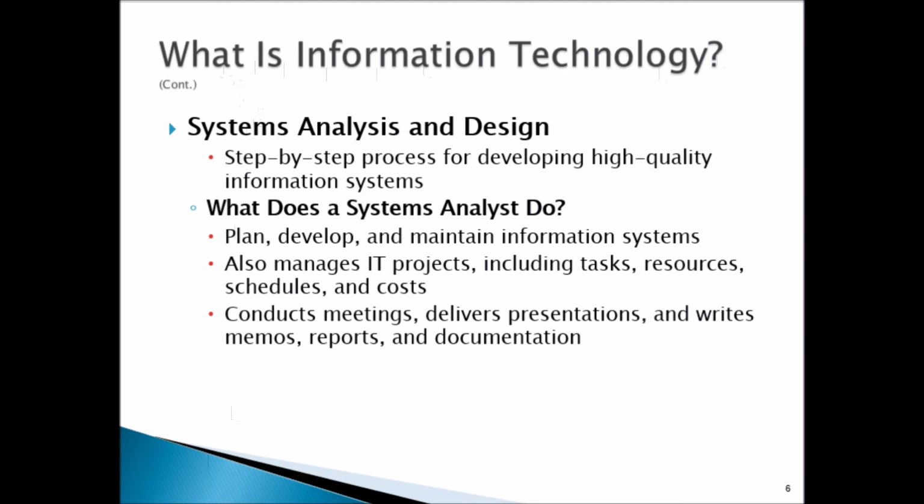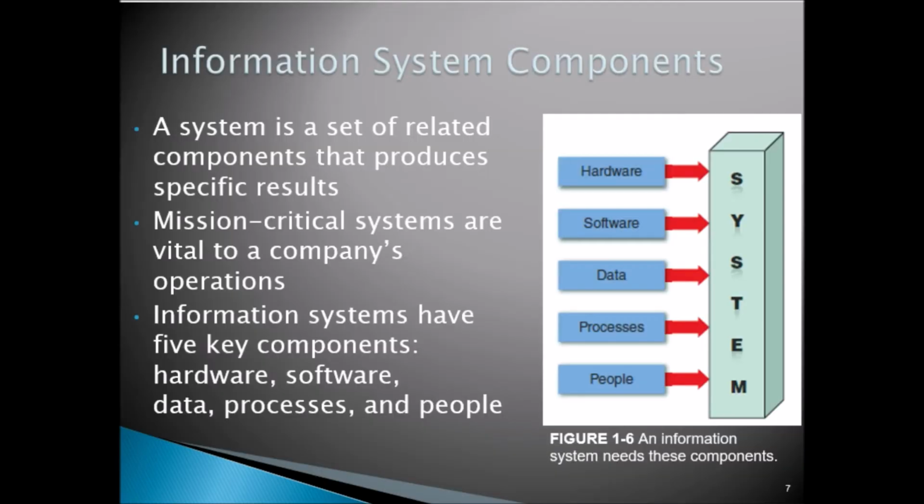So that being said, let's go on and discuss the different components of the information system. An information system is a set of related components, and it produces specific results. Mission-critical systems are vital to a company's operation.